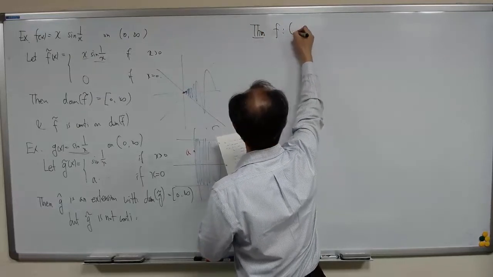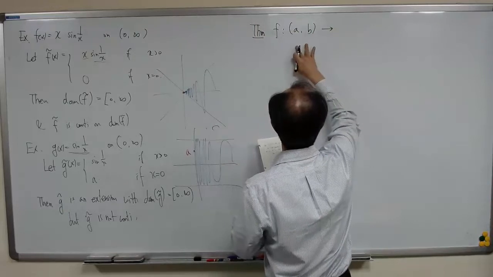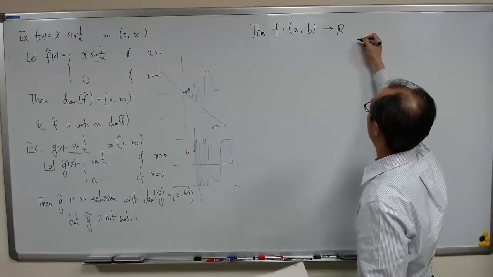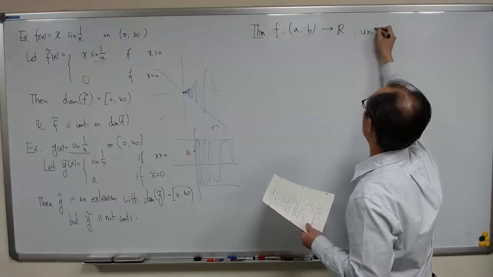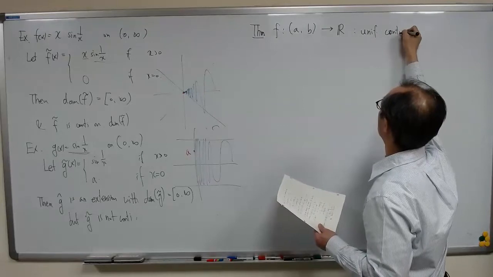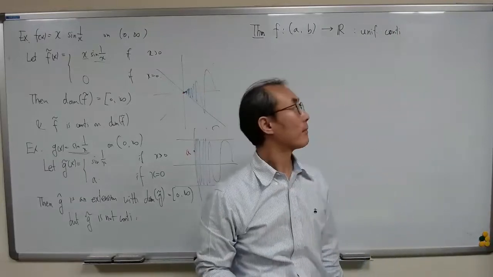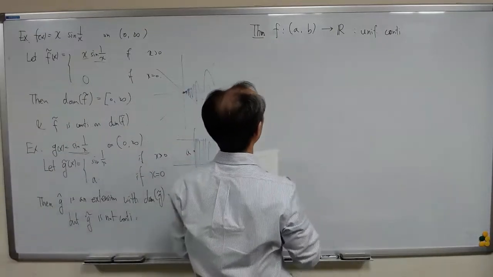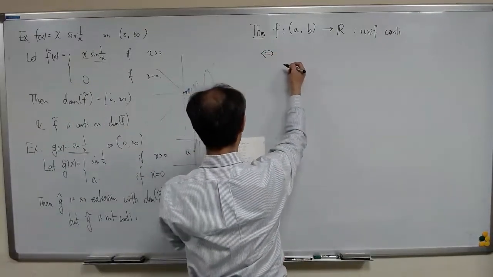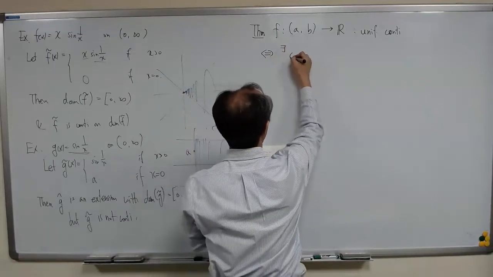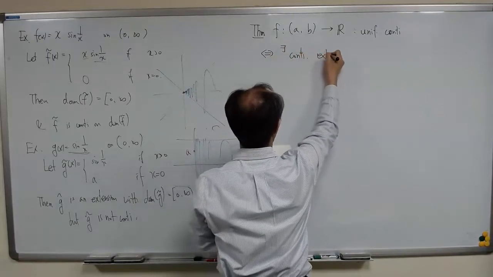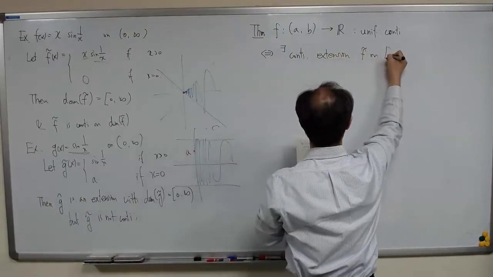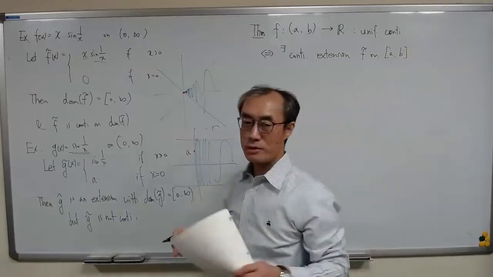Here, suppose function f is defined on an open interval. This function is uniformly continuous if and only if it has a continuous extension f tilde whose domain now includes both endpoints. Uniform continuity on an open interval is equivalent to the existence of a continuous extension.